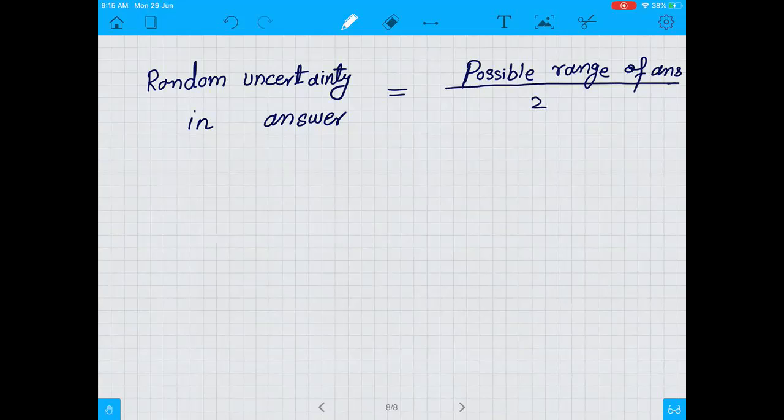So it is half of the range of the answer. So random uncertainty.